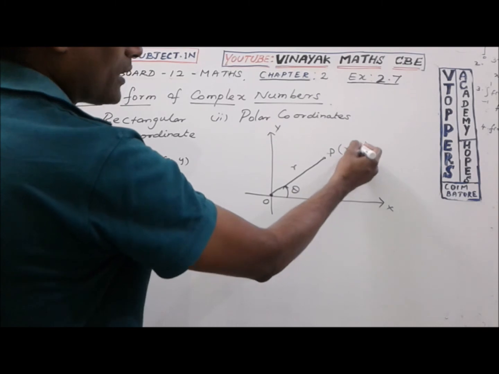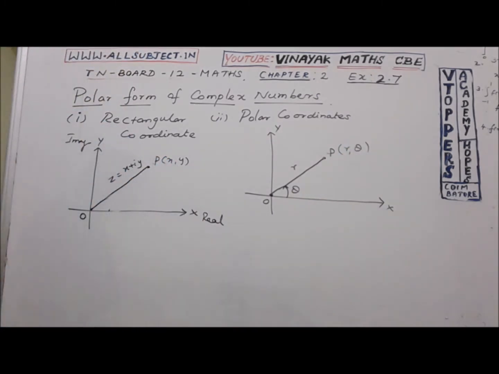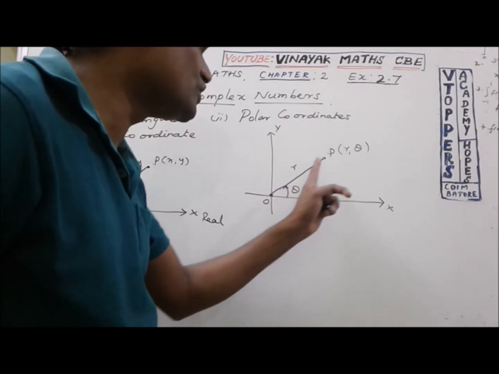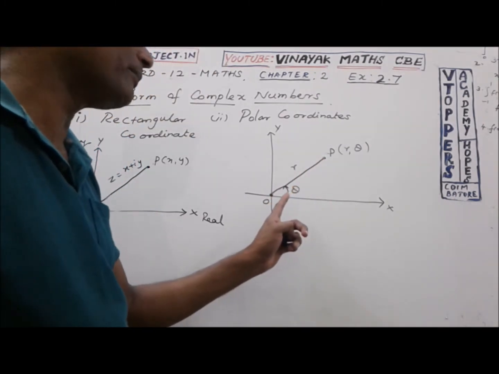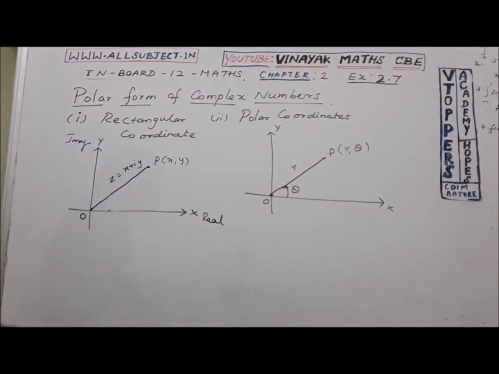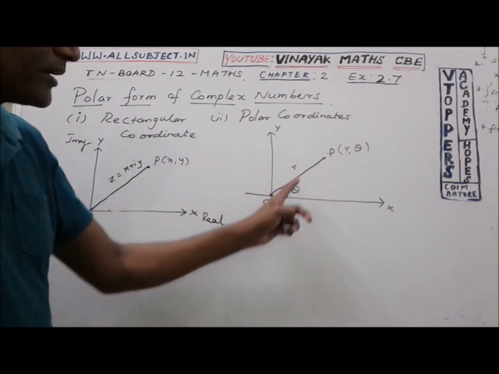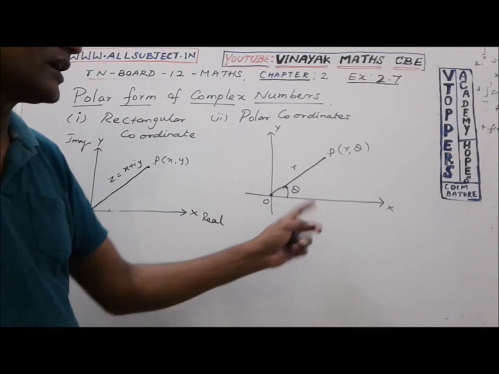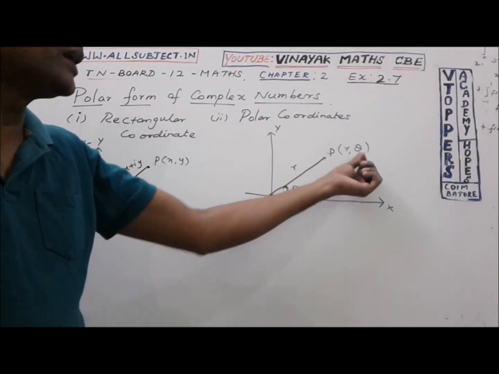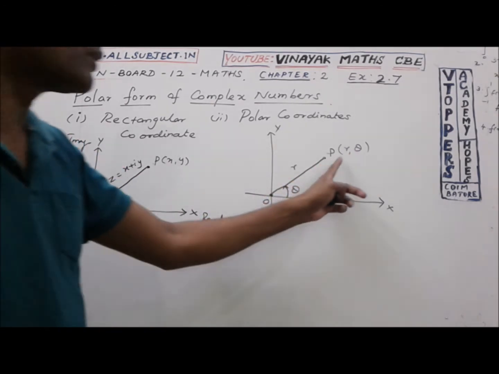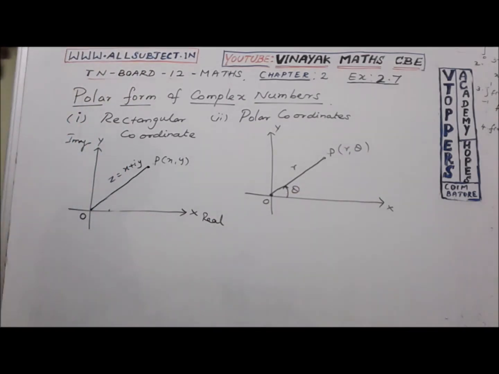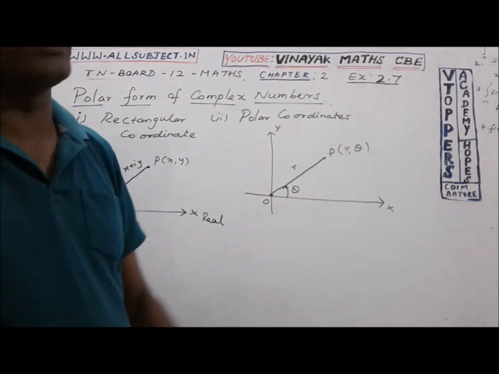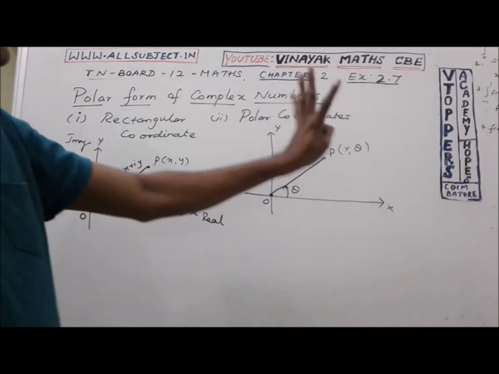This coordinate r comma theta is known as polar coordinates. Here r represents the distance from the origin to the complex number, OP, and theta is the angle made by the complex number with the positive direction of the x-axis. So representing a complex number by r comma theta is known as the polar coordinate system.